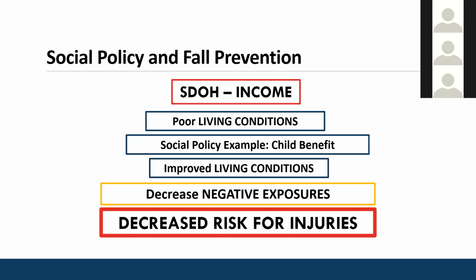And so by revisiting the social determinant of health issue of income, and applying a social policy lens or a social policy approach to that, revisiting the example would be looking at income, understanding that these factors are not automatically reliant on one another, but a lower income with poor living conditions, if a social policy of a child benefit, for example, was introduced to remedy that in some way, it can certainly have effects that would improve, although maybe not necessarily decrease the chance or the risk of injury.